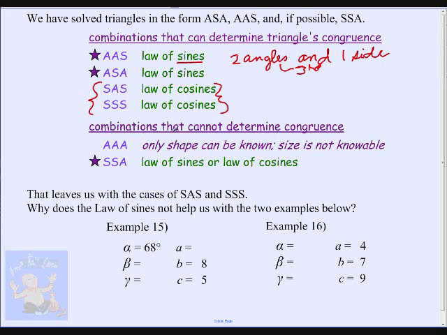The only combination where we cannot determine congruence is this one. This one, of course, we've spent a lot of time looking at. This is the ambiguous case, where we can either have no solution at all, 1 triangle that works, or sometimes 2.